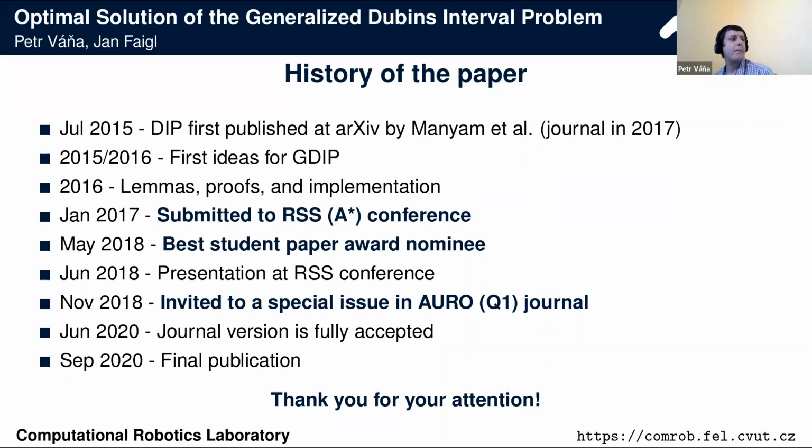And by May 2018, I found in an email that this paper was nominated for the best student paper. I remember quite well because during that time I was traveling with Tomáš Krajník to Australia to present other papers. Afterwards, it was presented in 2018, and unfortunately, this paper didn't win the best paper award.